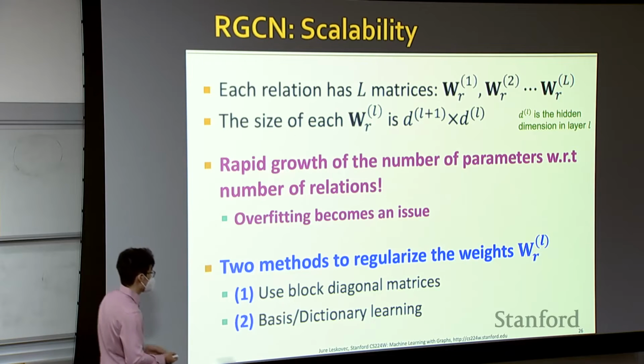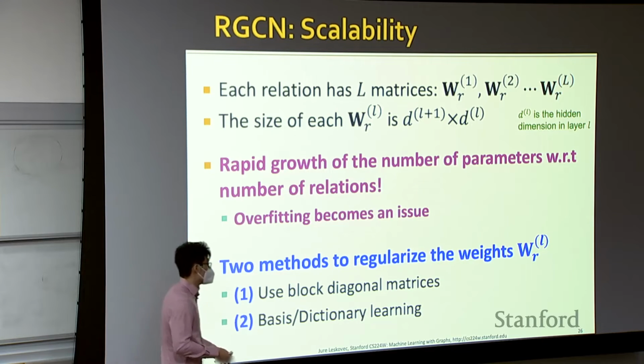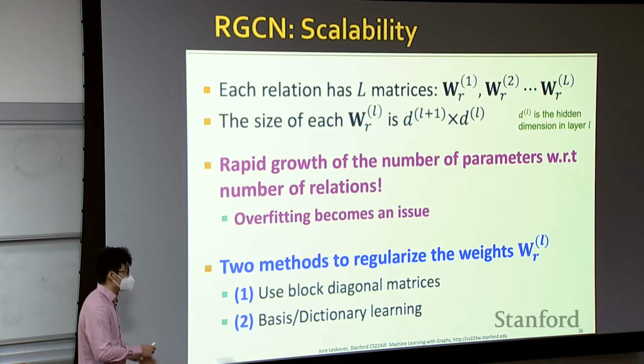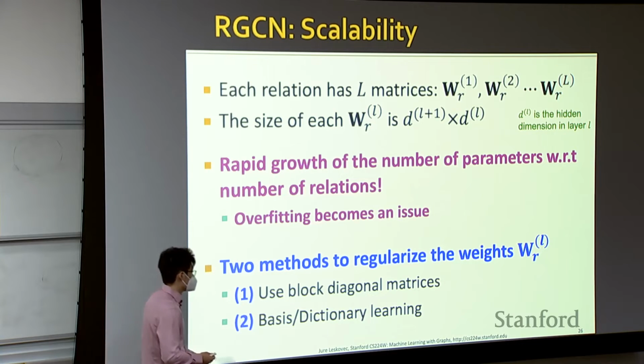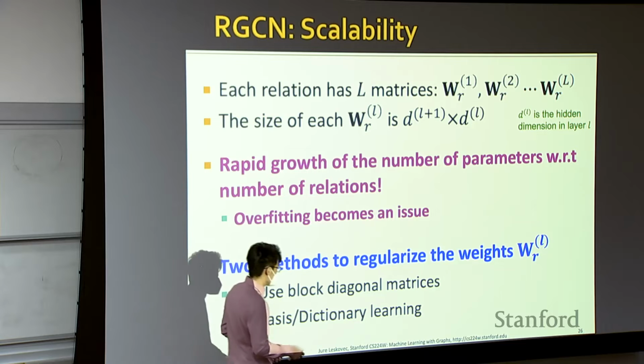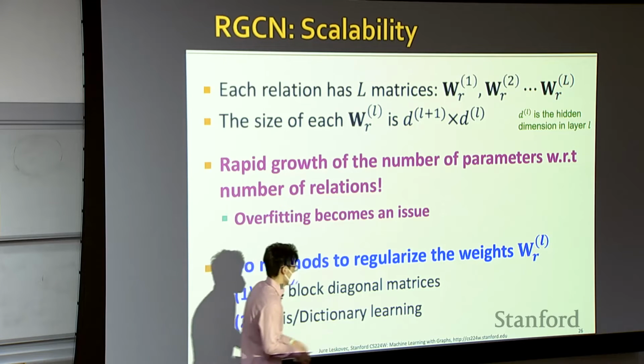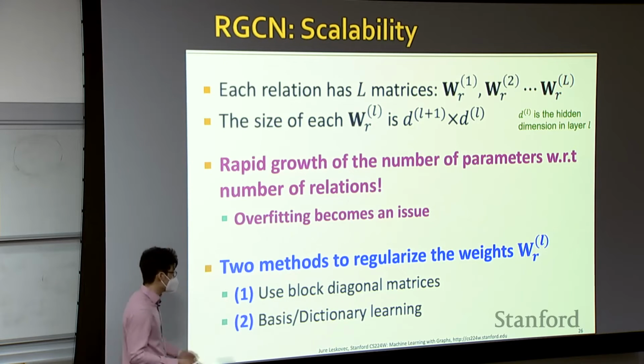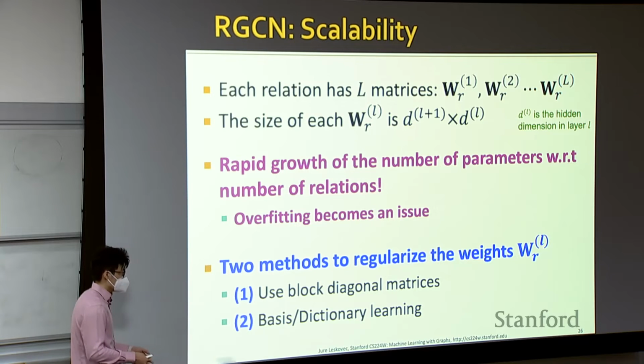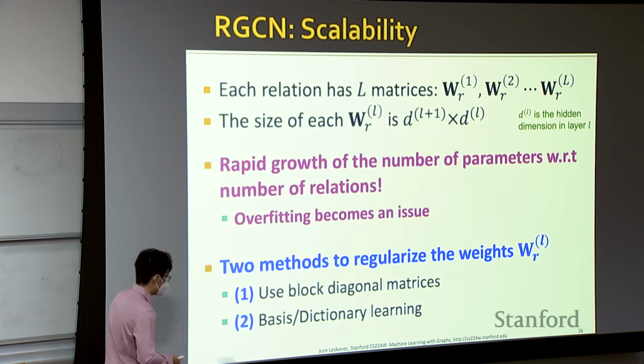So next, we're going to discuss 2 practical methods that are widely used to alleviate this issue. Basically, we want to regularize the weight W_r^(l) for each relation type to make the cost more affordable.